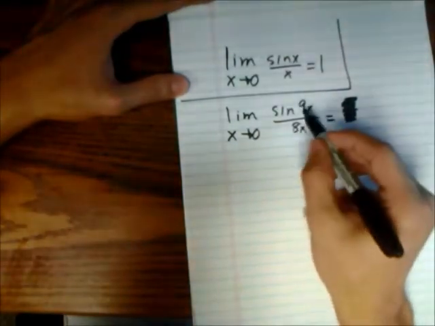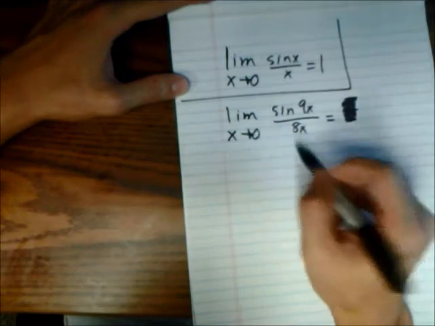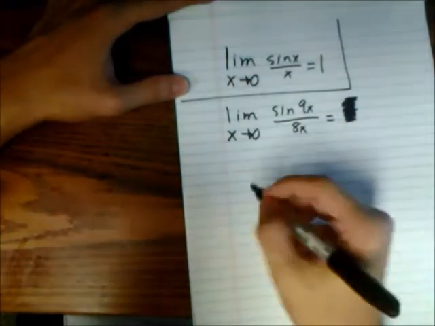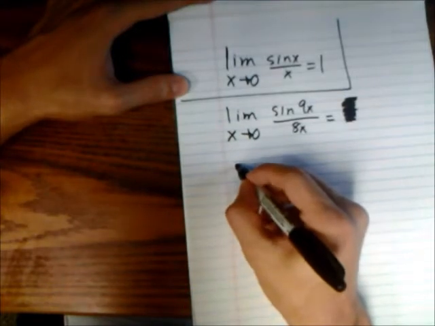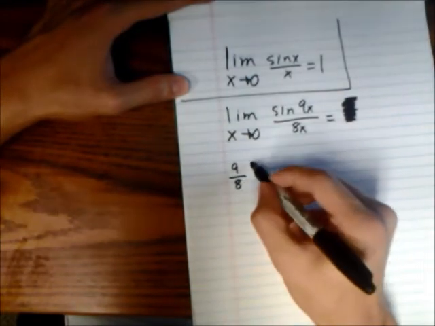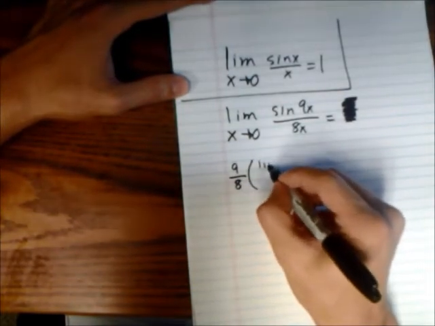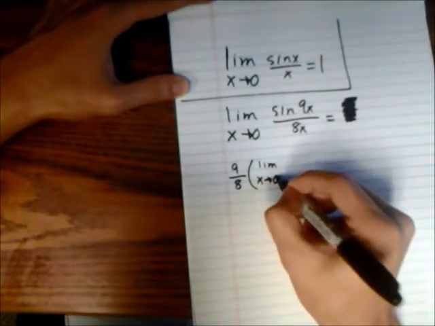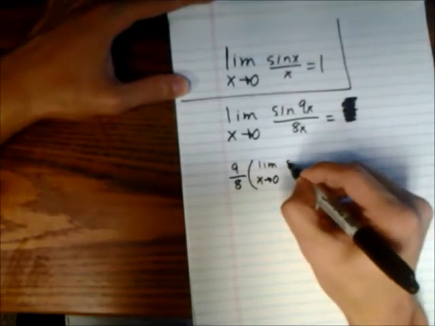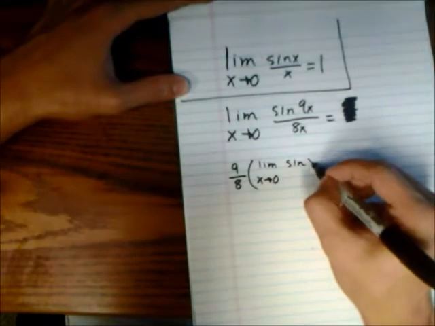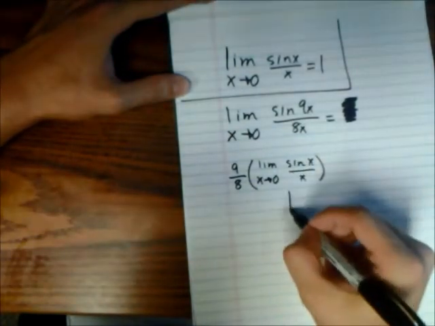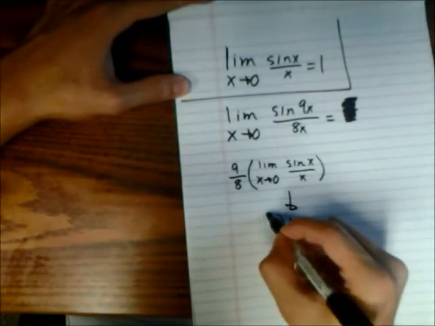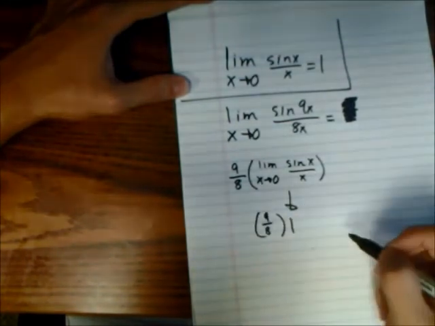To prove this, you can pull 9 and 8 out of the limit. That's just the properties. So 9 over 8 times the limit as x goes to 0 of sine x over x. Well, this becomes 1, and you're still multiplying that by 9 over 8.